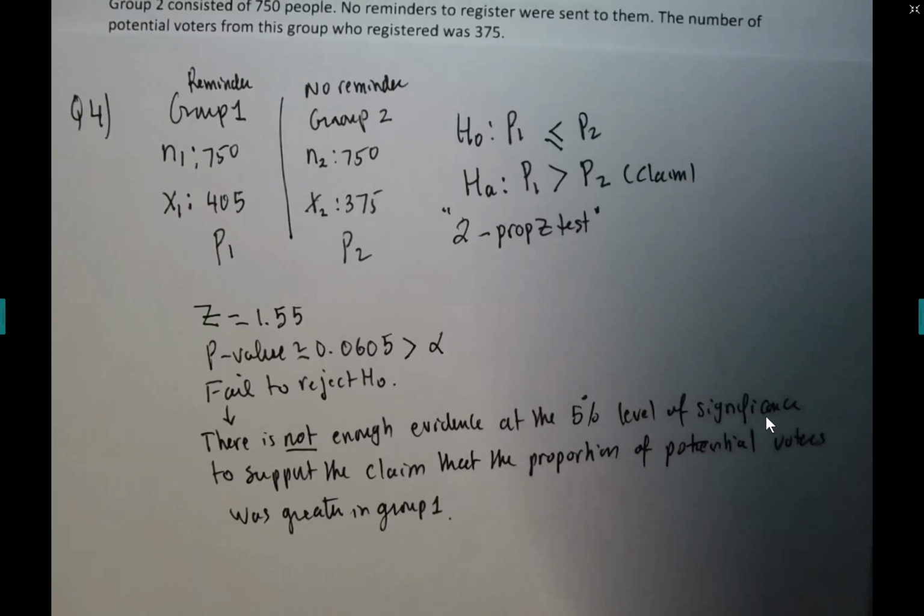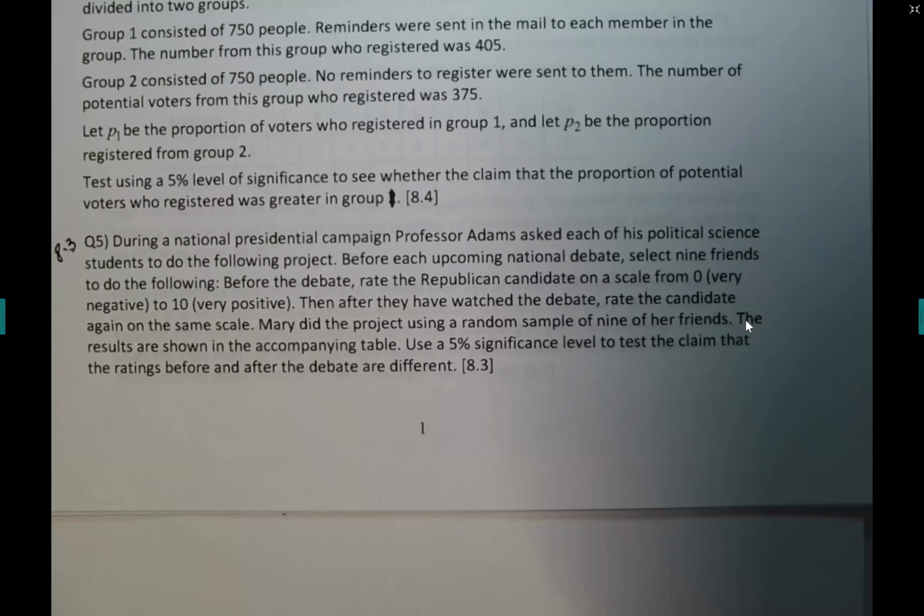Let's pick another question. During a national presidential campaign, Professor Adams asked each of his political science students to do the following project. Before each upcoming national debate, select 9 friends. Before the debate, rate the Republican candidate on a scale from 0, very negative, to 10, very positive.